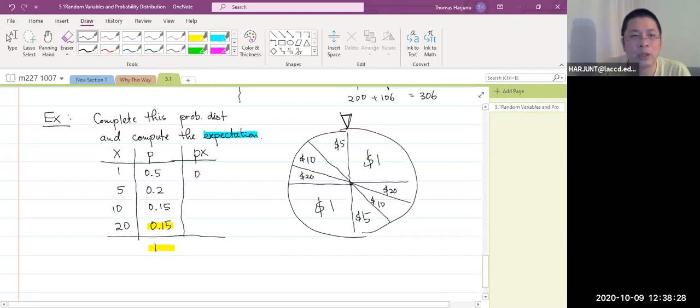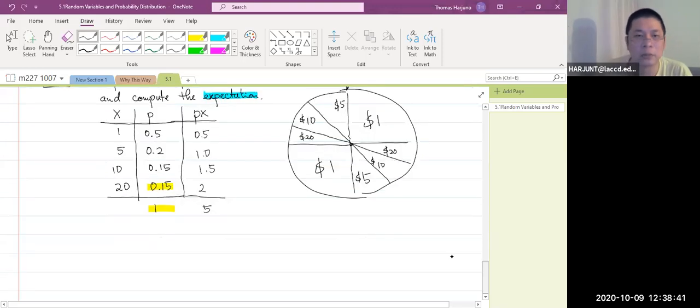So this will be 0.5, this is 1.0, this is 1.5, this is 2, the total will be 5. It happens to be a nice number, but it doesn't have to be. So in the long run, the expected value of you spinning this wheel is $5.